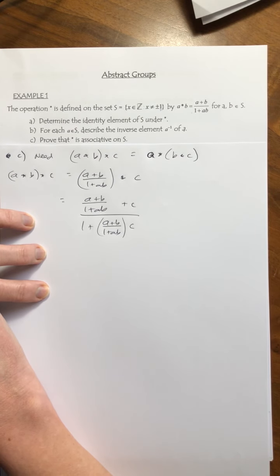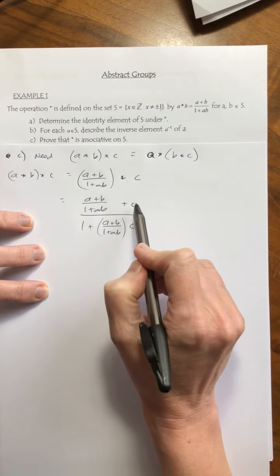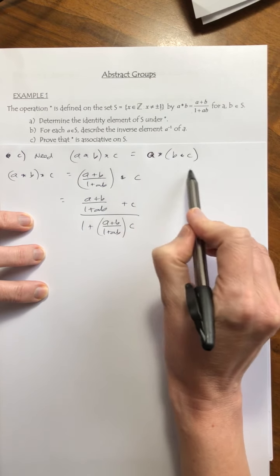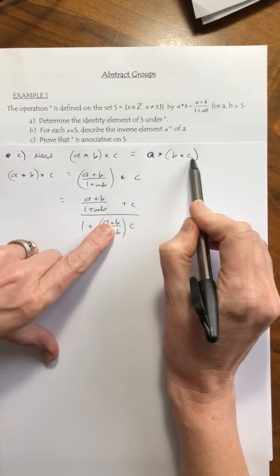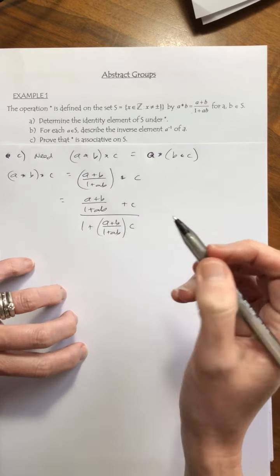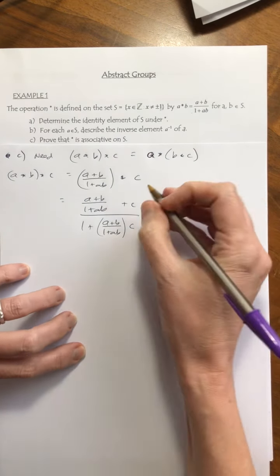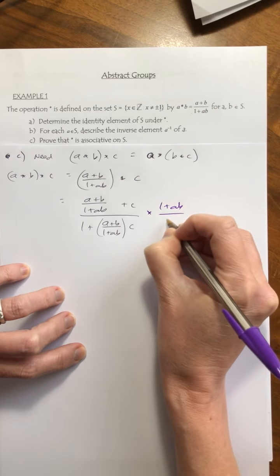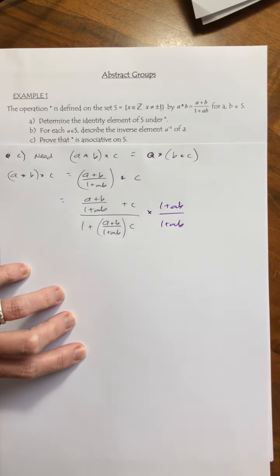So we have to simplify that. What, of course, we have to show is that this one here is going to be the same as that one. But, of course, what I'm going to have there is lots of B and C brackets. So I think it would be very much worth my while just to get rid of those double fractions. We do that by multiplying by 1 plus AB over 1 plus AB.